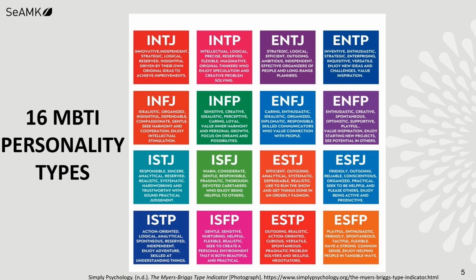ENTP, the debater, highly inventive. They love being surrounded by ideas and tend to start many projects, but may struggle to finish them. ENTJ, the commander, outspoken and confident. They are great at making plans and organizing projects.